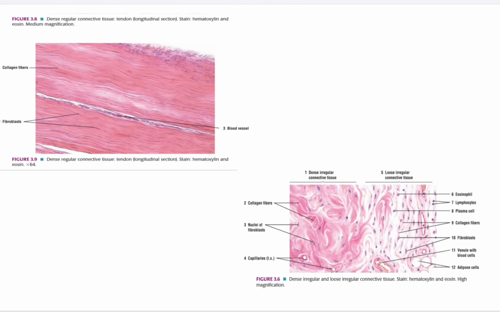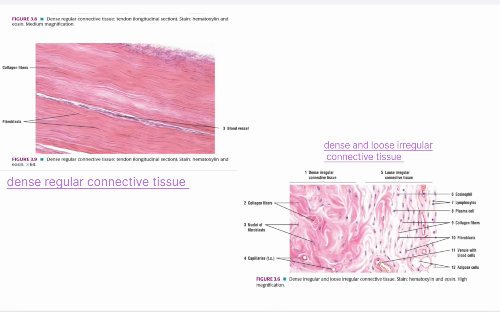But in the alimentary canal, you will find connective tissue in the lamina propria, in the submucosa, in the adventitia, all around. But this is generally loose irregular connective tissue. In this specimen, can you see side by side the dense irregular connective tissue and loose irregular connective tissue? So these are irregular patterns.